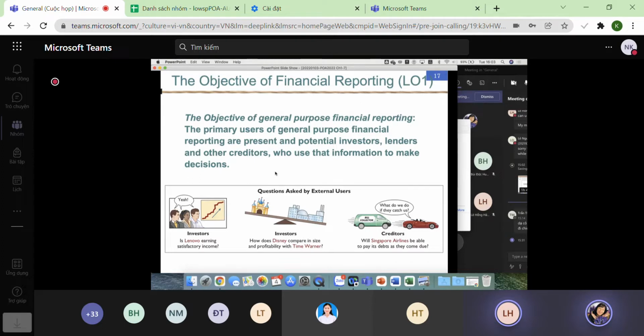That is the first level of the conceptual framework. We need to know to whom we provide the information. Financial statements provide information to external users. Among external users, we focus on investors and creditors.